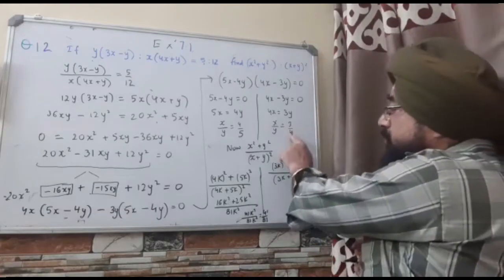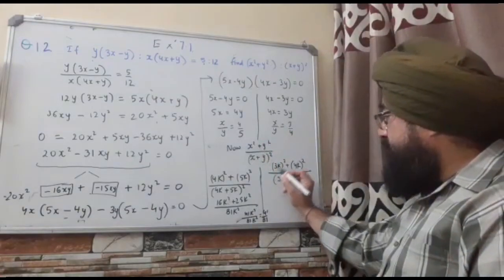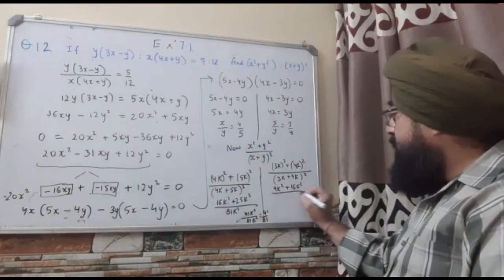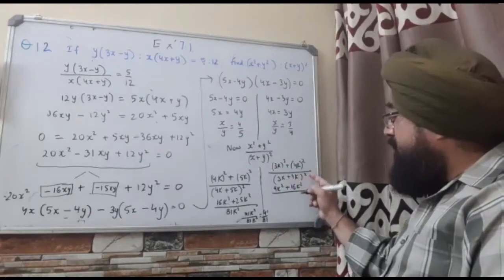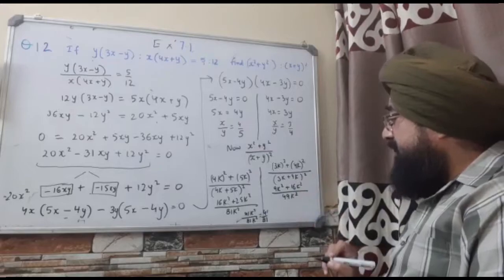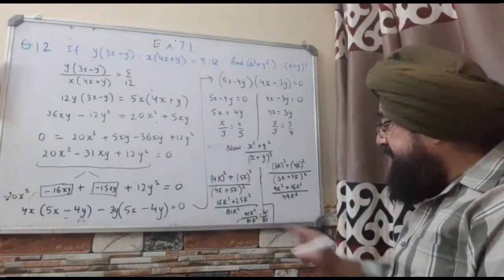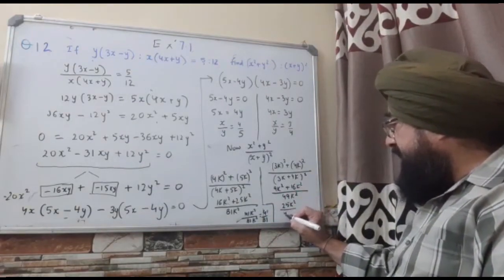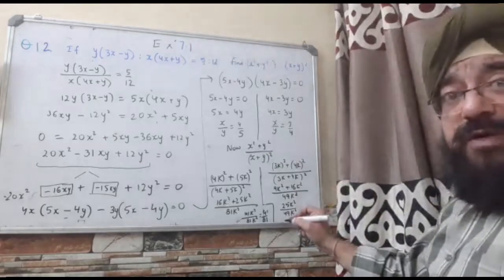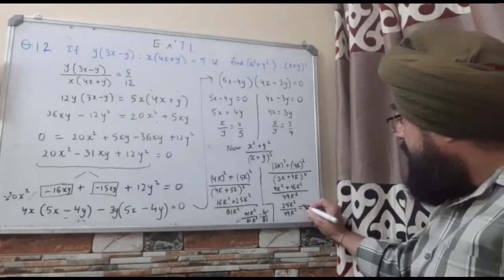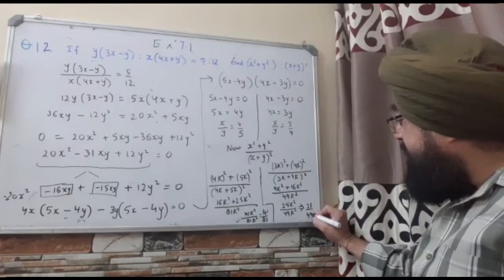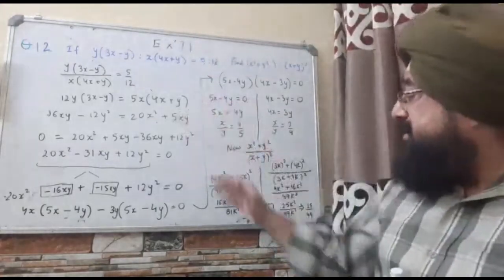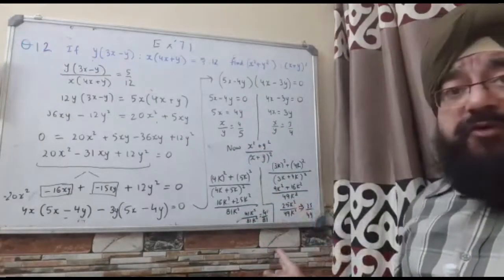So we get 9k square plus 16k square over 3 plus 4 is 7, 7k whole square, meaning 49k square. 9 plus 16 is 25k square over 49k square. k square and k square get cancelled off, so you are left with 25 over 49 as your second answer. So there must be two answers in this part, which are 41 upon 81 and 25 upon 49.